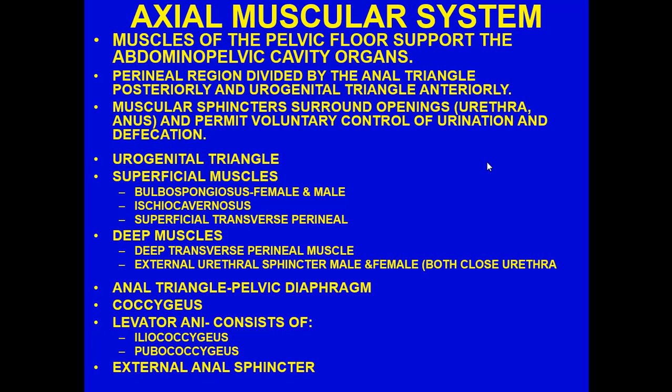Both of these contribute to closing of the urethra. We have the anal triangle, which has a pelvic diaphragm, the coccygeus, the levator ani, which consists of the iliococcygeus and the pubococcygeus, and then we have the external anal sphincter.